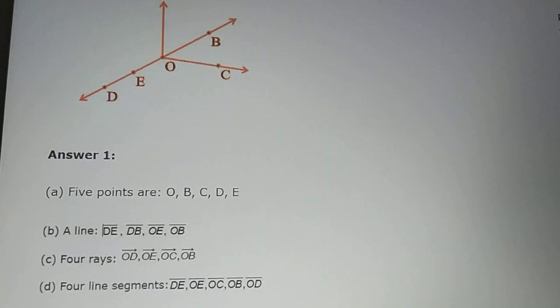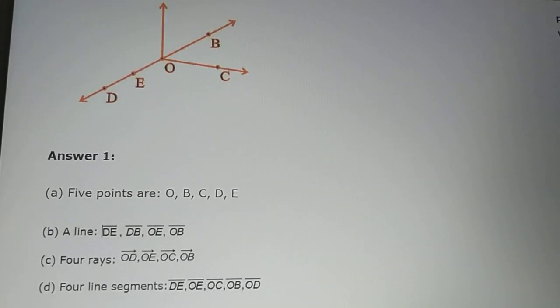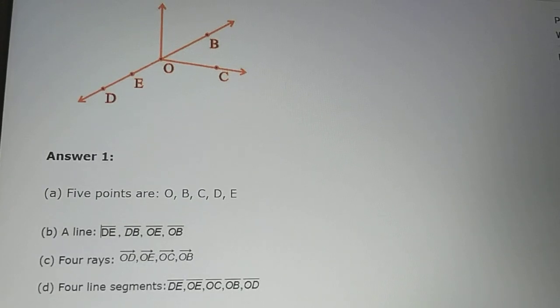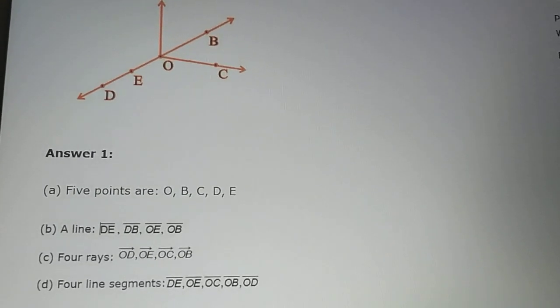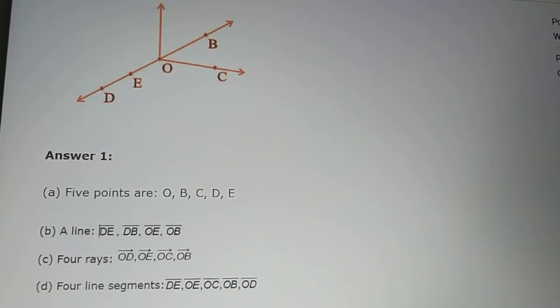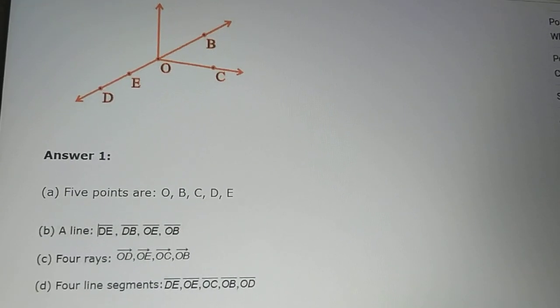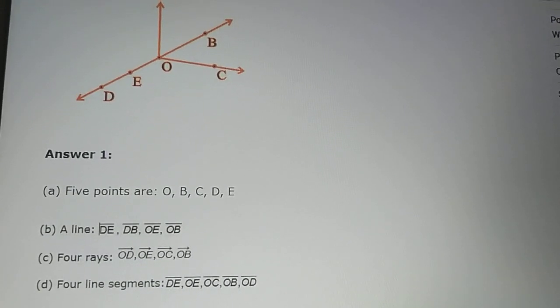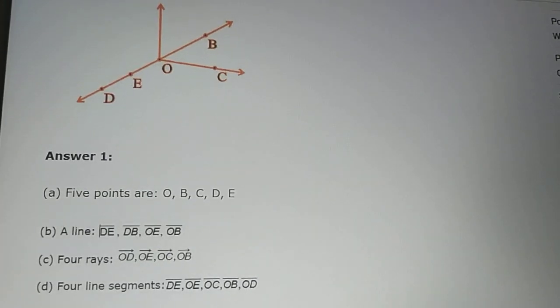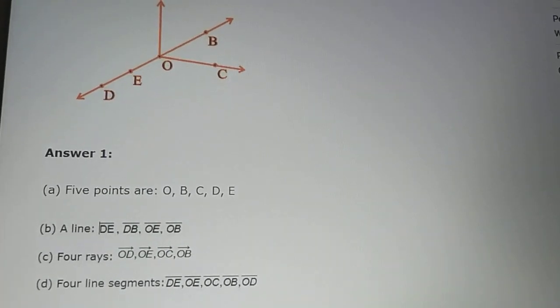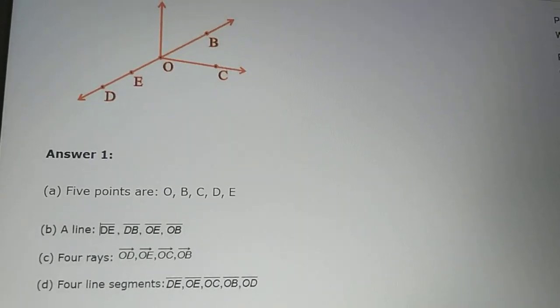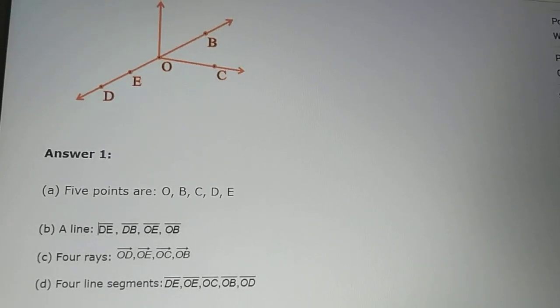The second one is a line. As you can see, a line can be extended endlessly on both sides. So the lines here are DE, DB, OE and OB. The next is four rays. A ray has a starting point but no end point.